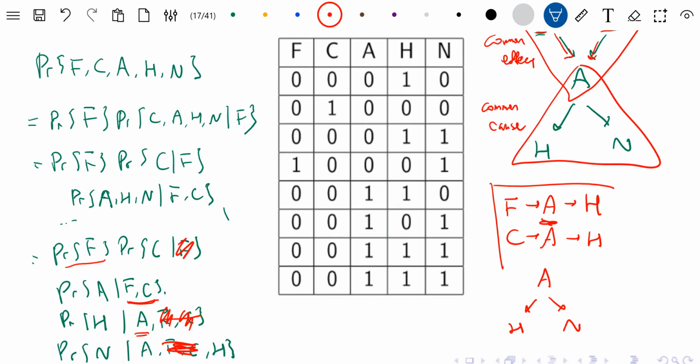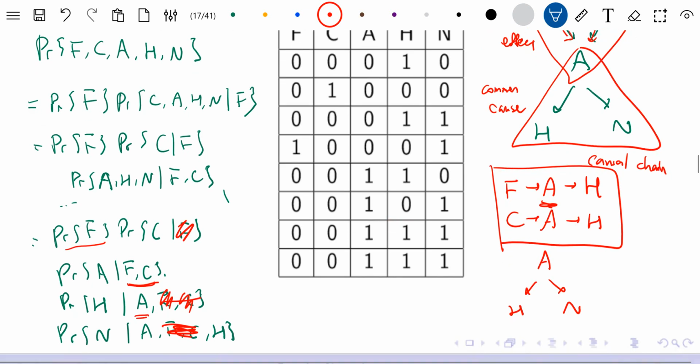And these two are causal chain. And for the common cause configuration, these two are independent because given the alarm sounded, they are not relevant. The fact that one person called is independent of the other person calling. So these are independent. So it turns out that we have just F, C, A given F C, H given A, and N given A.